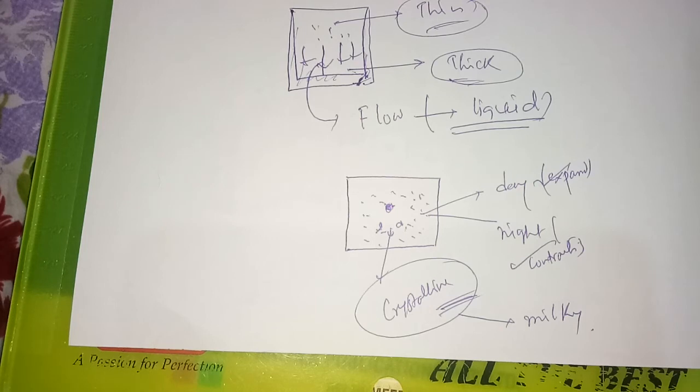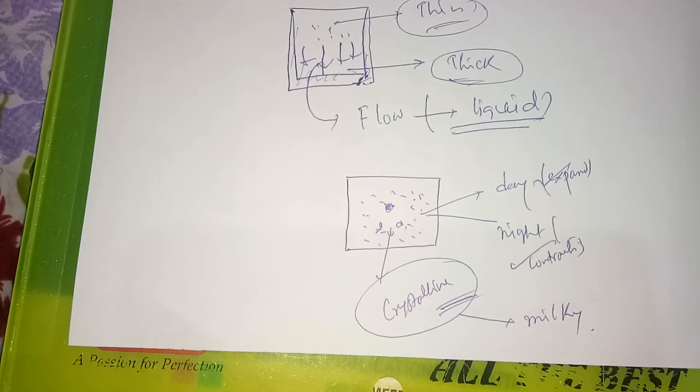In amorphous, we have taken example glass, rubber, and NaCl, KCl are crystalline. Now, how will you tell that glass is amorphous? Because glass does not have a sharp melting point. It melts over a range of temperature. But if NaCl or sugar is there, they will melt at the same temperature. That is why they are crystalline.